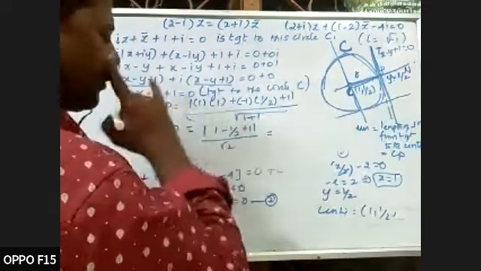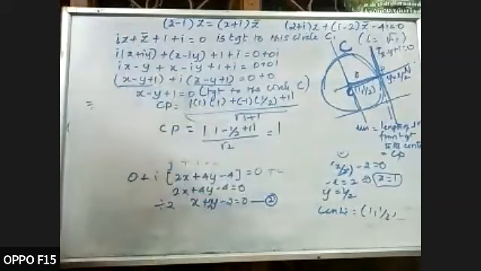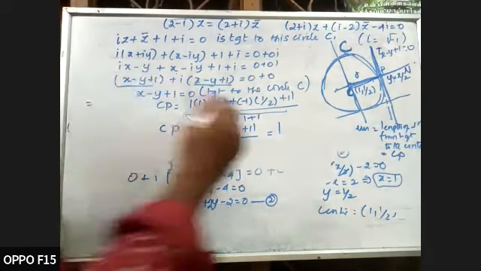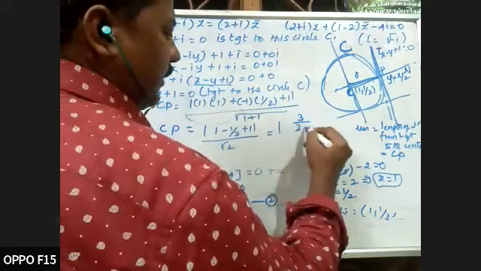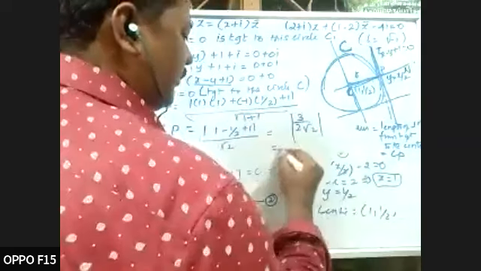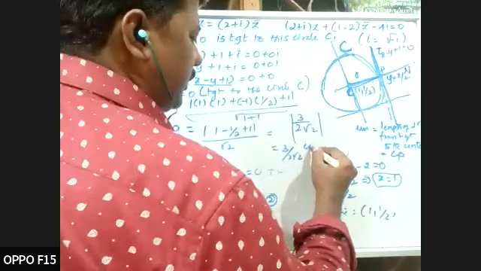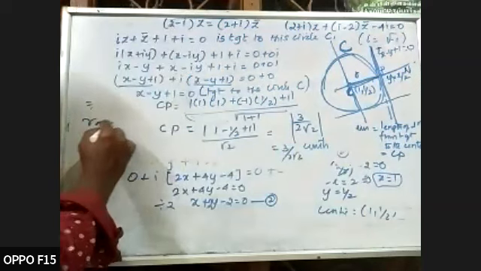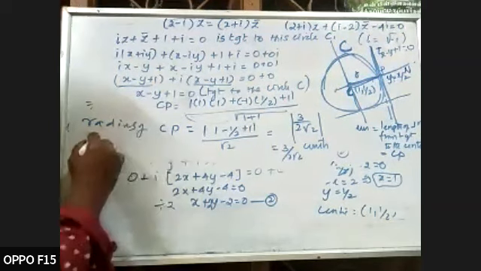We get 2 minus 1 by 2, which is 3 by 2, divided by root 2. So the modulus gives 3 by root 2 units. That is the answer, nothing but the radius of the circle C.